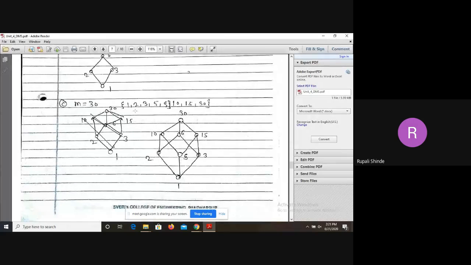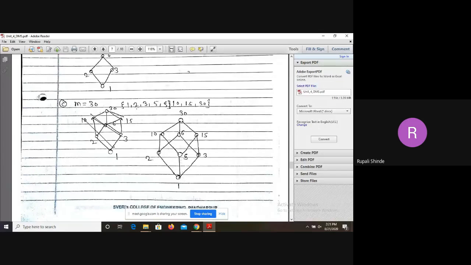Okay. So how many elements are there? 1, 2, 3, 4, 5, 6, 7, 8. So your diagram must contain 8 circles. Let us start with the first element, which is 1. So 1 is represented here by a circle.